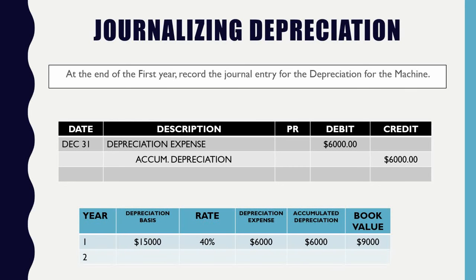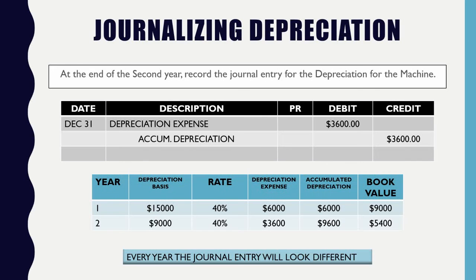You're going to recognize the same accounts, depreciation expense and accumulated depreciation. But this time my first year was 6,000. So boom, 6,000. Same thing for second year. The accounts stay the same. However, the number holds differently. Okay?